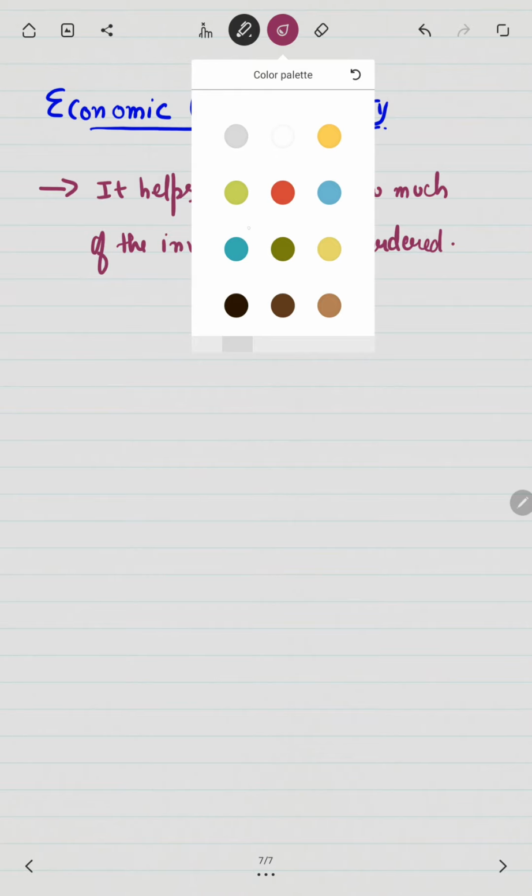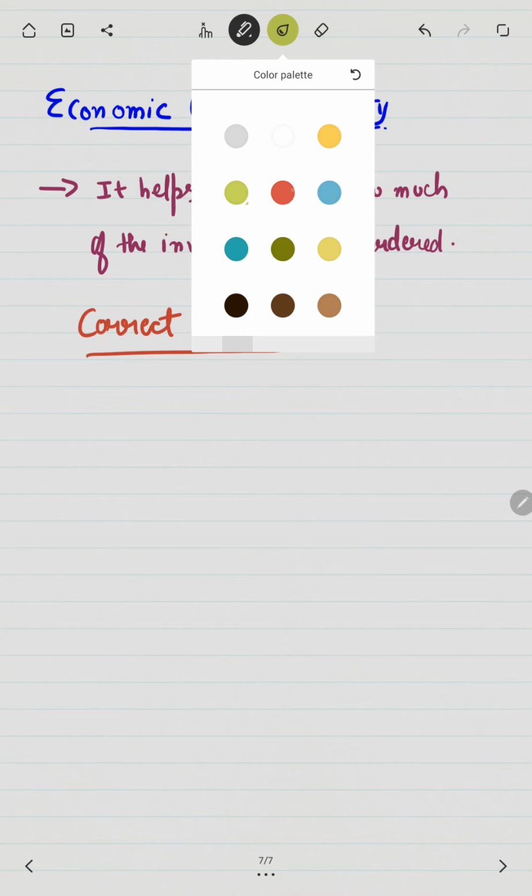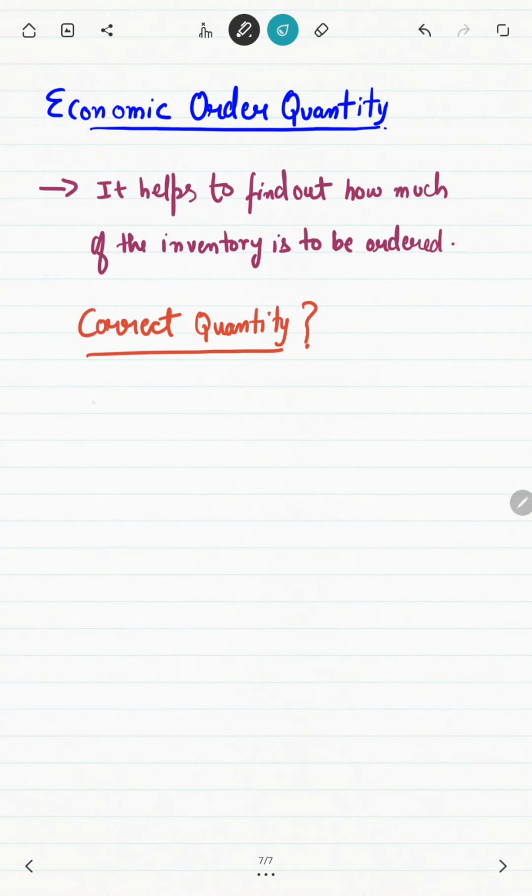So now let us understand what is the correct quantity. How we can measure that the given quantity to be ordered is a correct one. So we will have to measure the ordering cost and the inventory cost which will be minimum. Number 1, ordering cost, and number 2, inventory carrying cost.